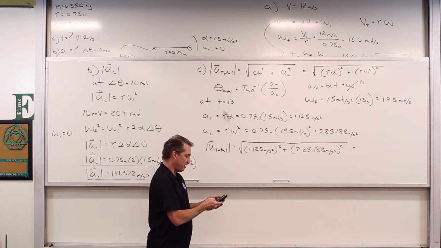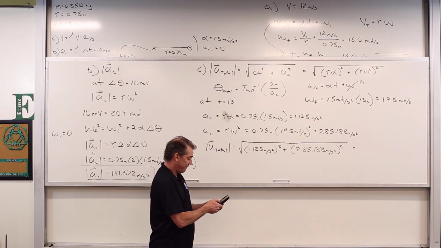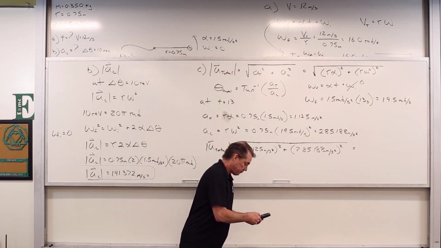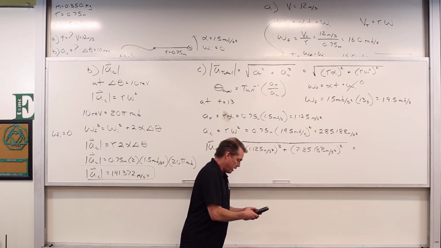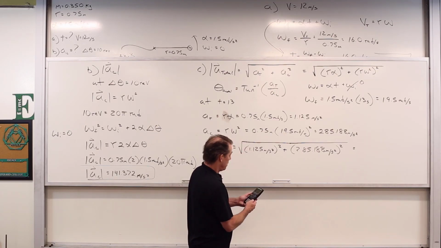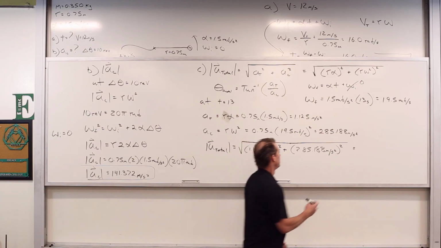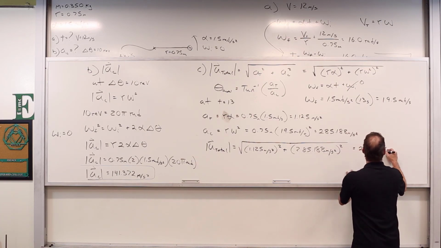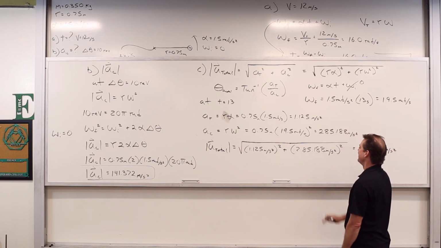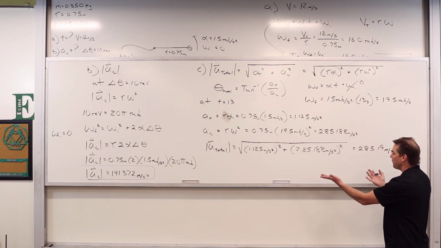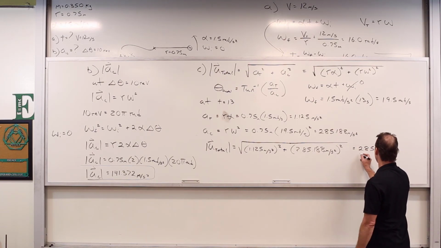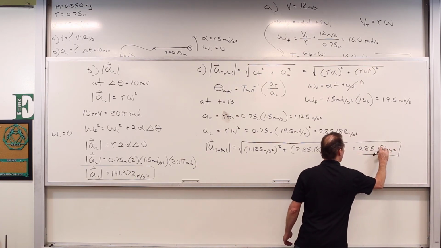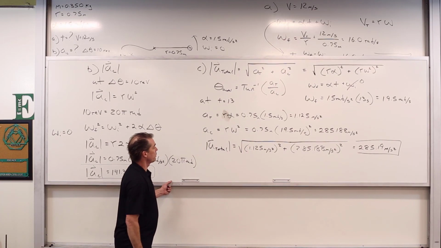We'll just put it in for argument's sake: 1.125 squared plus 285 quantity squared, square root, 285.19 meters per second squared. So if we just rounded this off, we get approximately the same thing. It's a little bit more than just the centripetal acceleration. There's the magnitude of the total acceleration at t equal to 13 seconds.